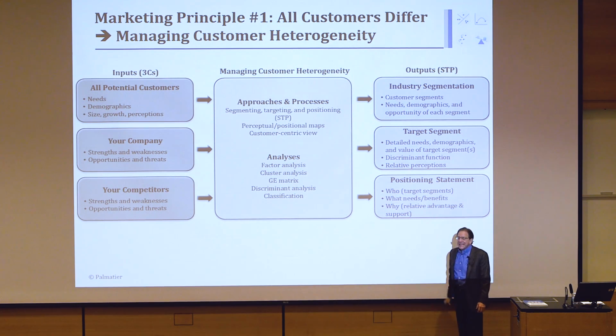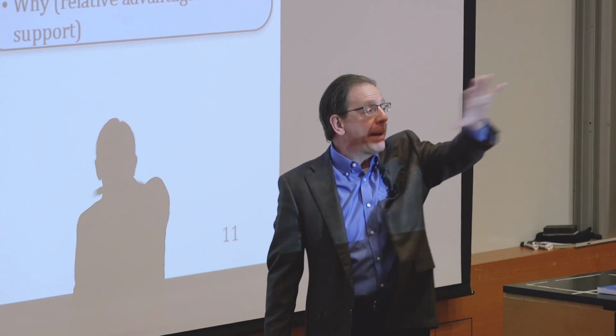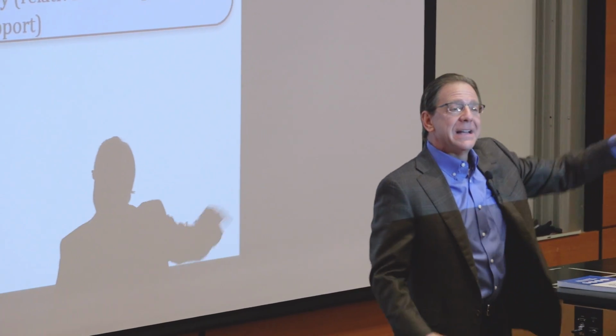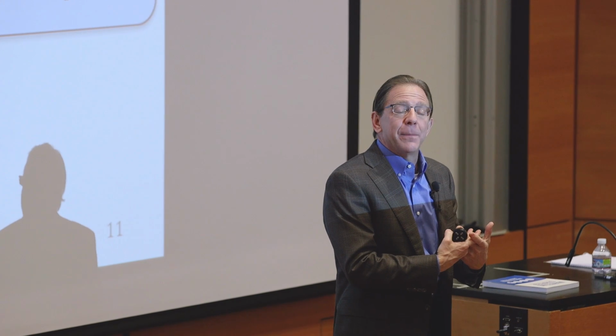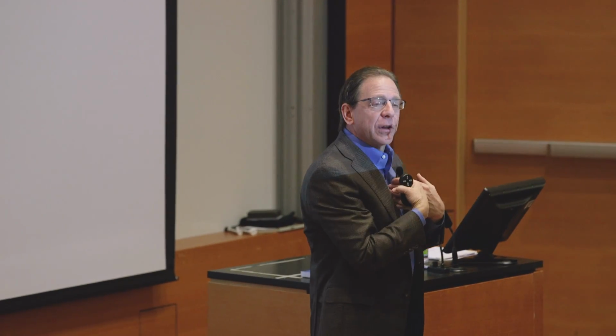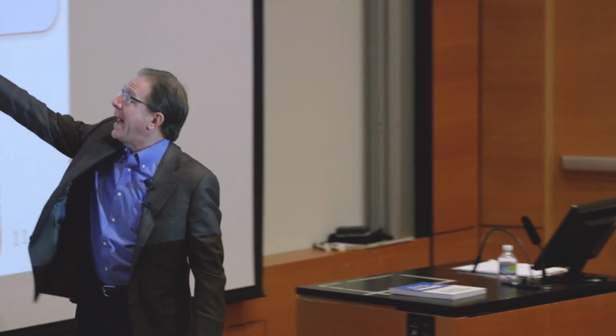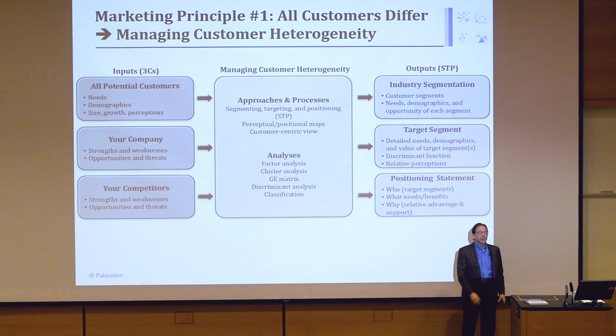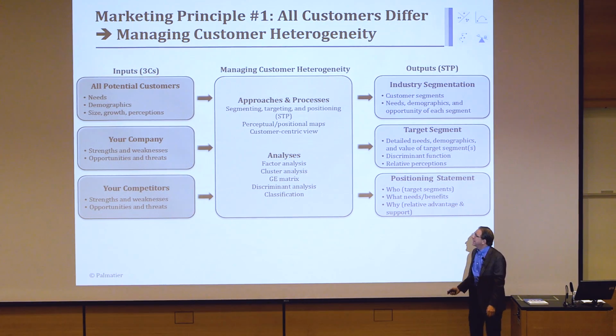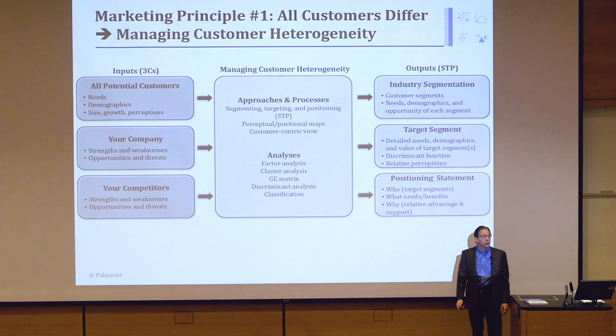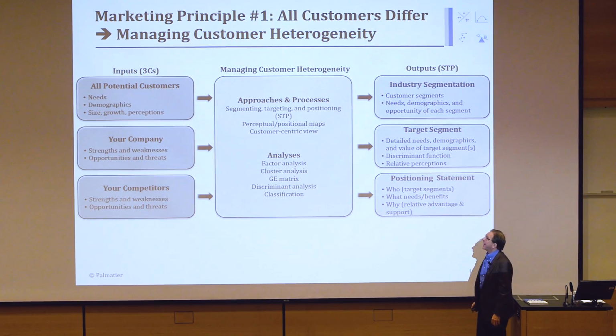The third thing is, after you decide, you have the map, you pick which one you're going to go after, now I have to really start to develop my strategy. How am I going to win? What do I want customers to think about me in my target segment? It's really the who, what, and why of going after your customers. So that would be the framework we're going to use to manage customer heterogeneity in order to deal with the fact that all customers differ.